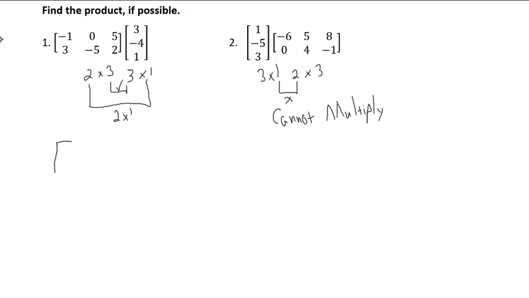So we need to create our 2 by 1 matrix, 2 rows, 1 column. So negative 1 times 3, 0 times negative 4, plus 5 times 1.